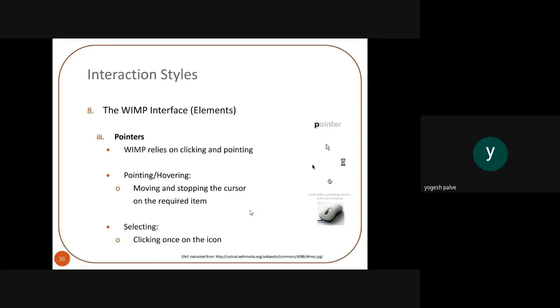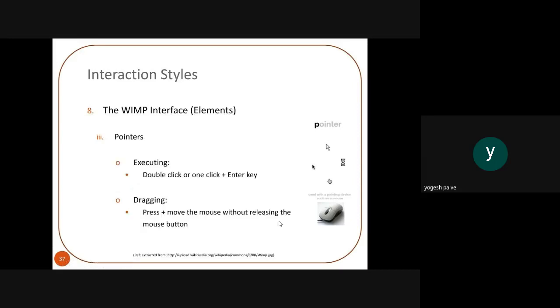Then the pointer is used for executing something: the user can double click or single click, or use both, plus he can press a specific key also. Then there is dragging something.